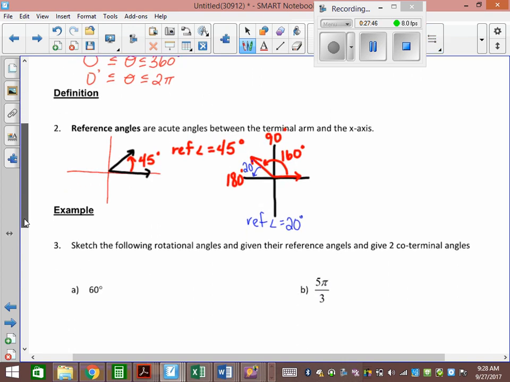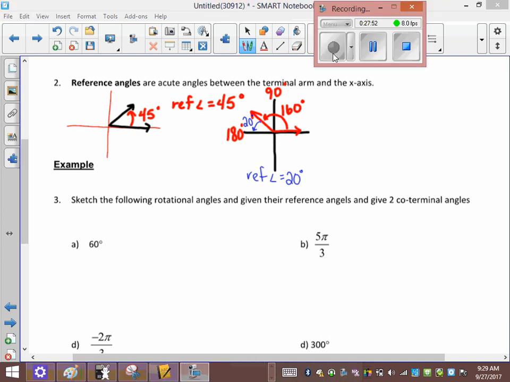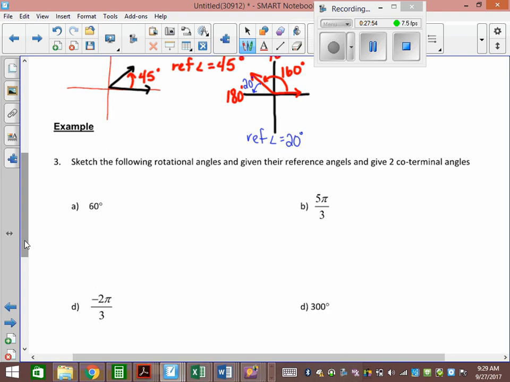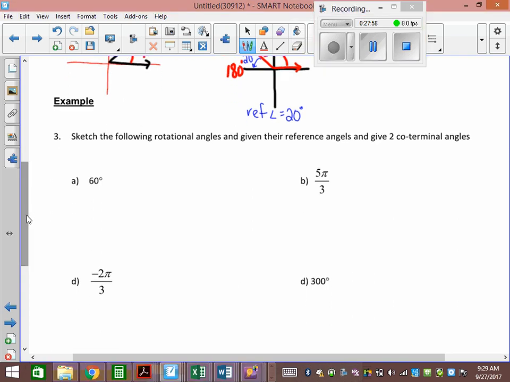So we'll go through a few. Sketch the following rotational angles and give the reference angles and give 2 coterminal angles. Okay, so we'll do the rotation angle and reference angles first. Coterminal is actually really, really easy. The first rotational angle is 60.